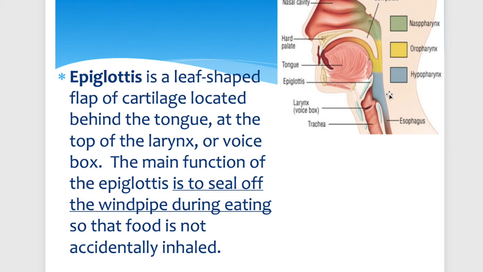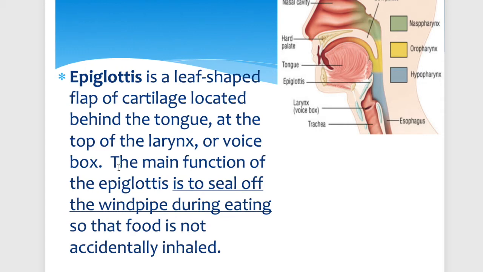Its purpose is to cover your windpipe or your trachea while you're swallowing your food, so you don't accidentally get food into your trachea. So when you're swallowing your food, this epiglottis would move down to cover the trachea, and that allows food to go back down the esophagus. The esophagus is right behind your trachea.